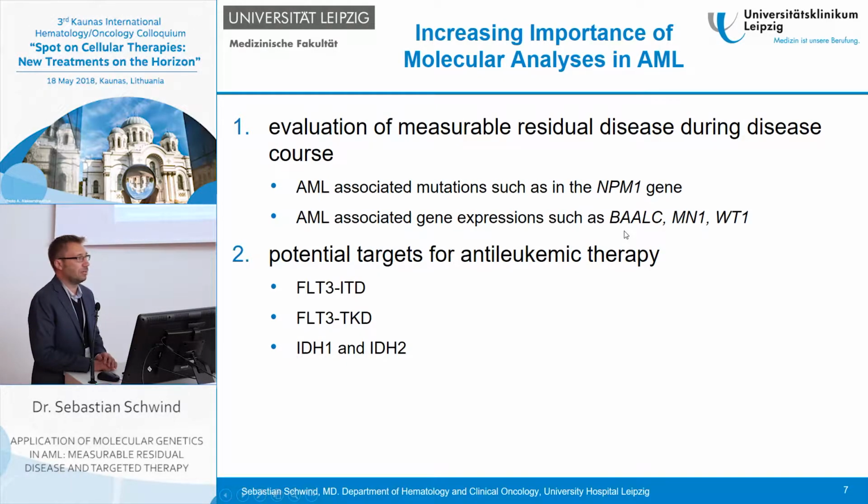There's also EVI1. There are a lot of genes that are associated with AML. And there are also potential targets for anti-leukemic therapy, like FLT3-ITD, FLT3-TKD, and the relatively new IDH inhibitors, which have proven in clinical trials to be pretty potent.